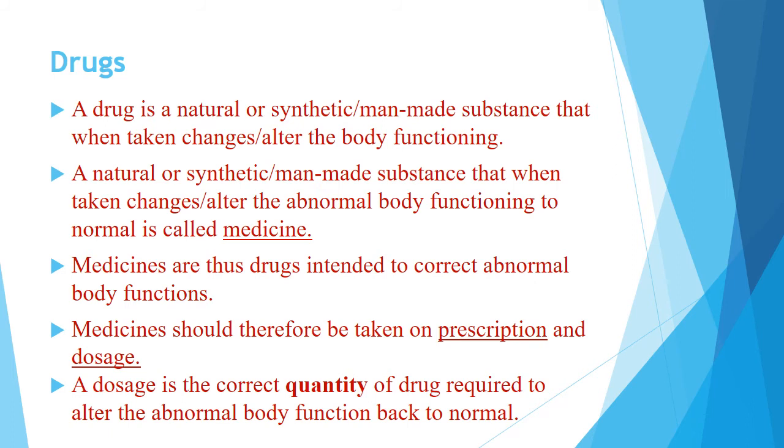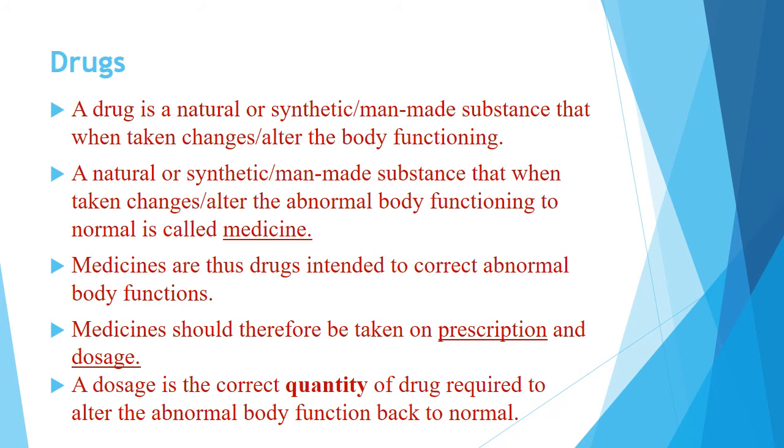A drug is a substance, whether man-made or natural, that when taken alters or changes the normal functioning of the body. For example, when you take alcohol, it alters the normal functioning of your body because you start losing balance, you start staggering, and so on. So a drug can be natural or synthetic, and when taken, it alters the normal functioning of the body.